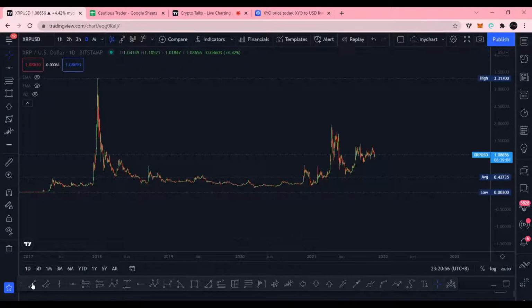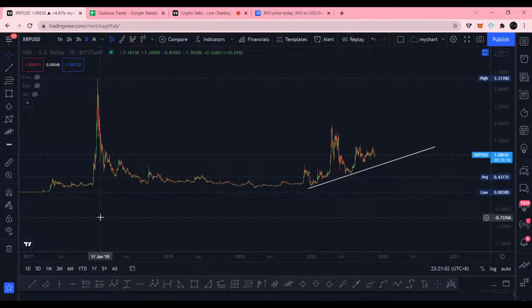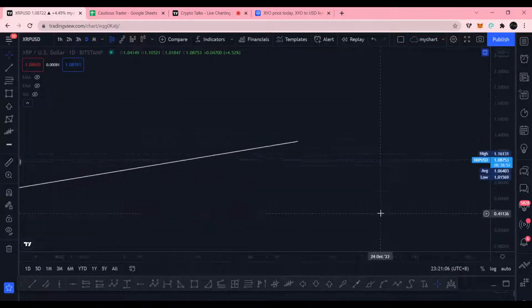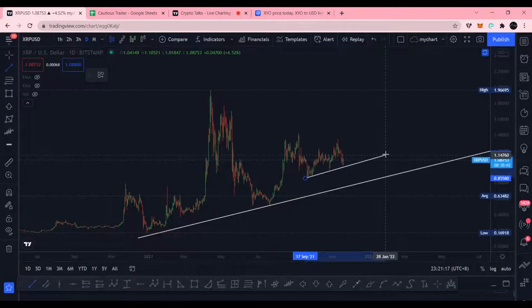So we'll just add the trend line here and can even add a possible trend line also here.